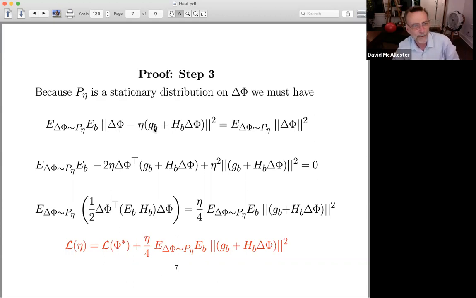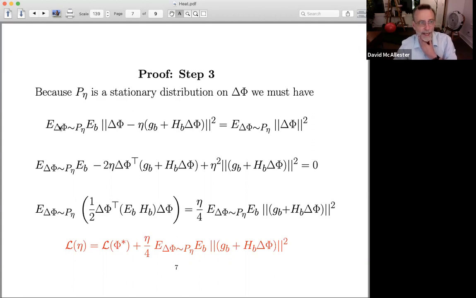This is the first order Taylor expansion of the gradient at point B. So this is just the update equation of gradient descent: we take the parameter minus eta times the gradient at B. And the gradient at B is modeled as the gradient at the optimum parameter vector plus a deviation that depends on how far we are from the optimum parameter vector, which is written this way.